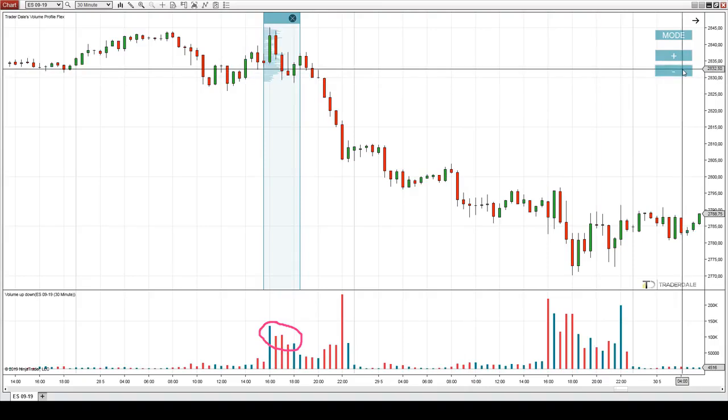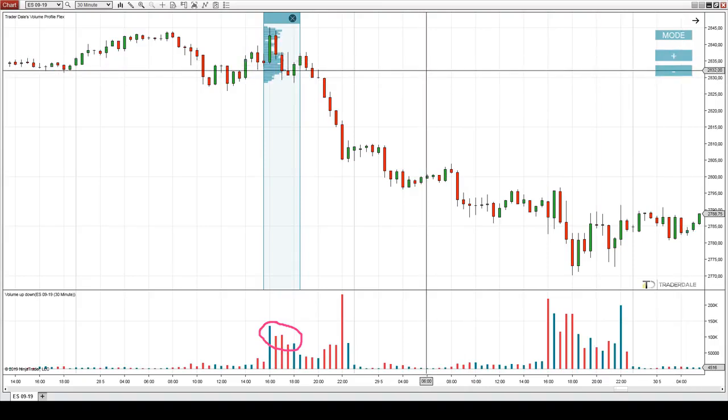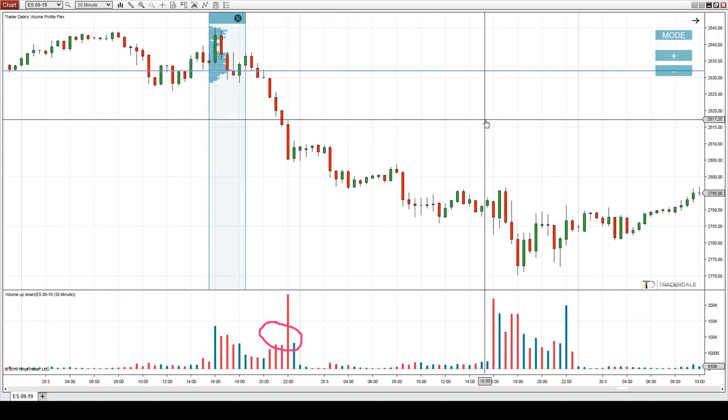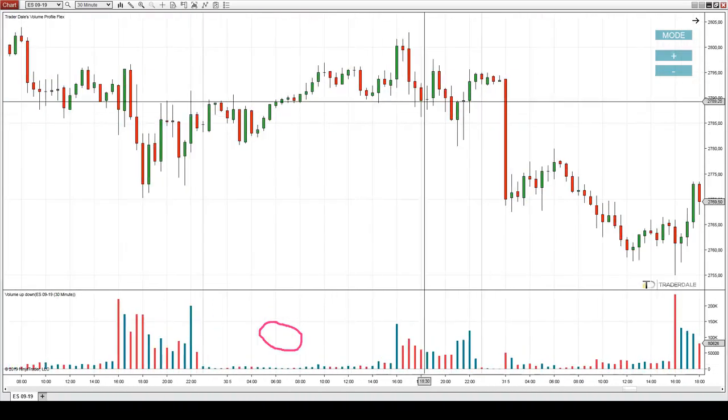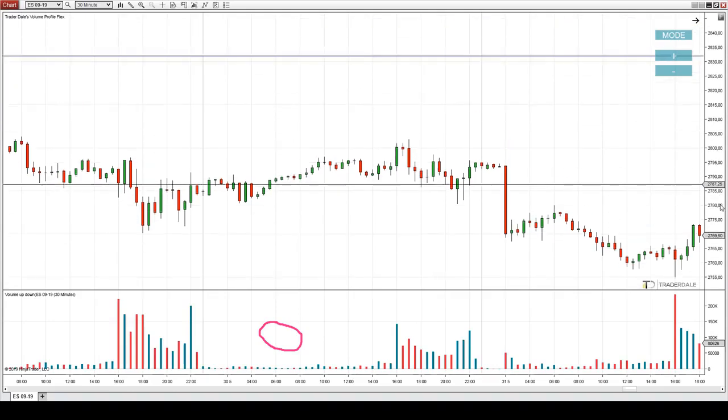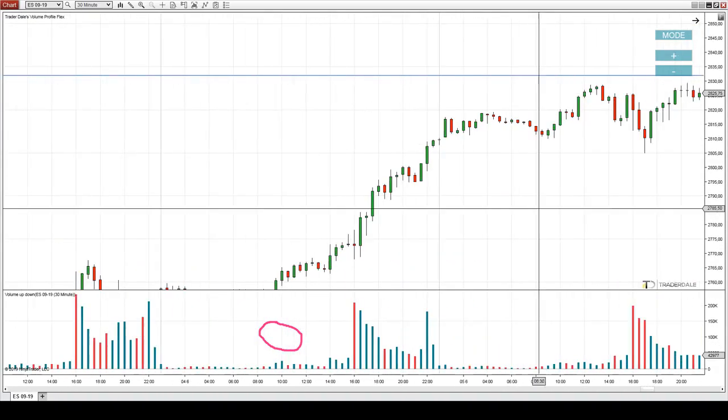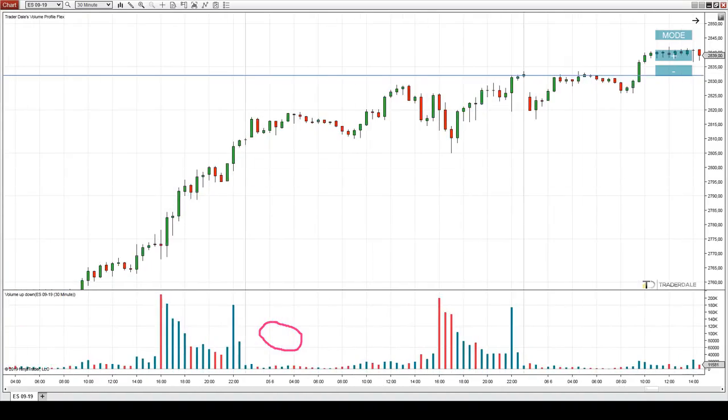Volumes are heaviest in here. So let's have a look at how the price reacted to the level. Right here. What was a reaction to it?